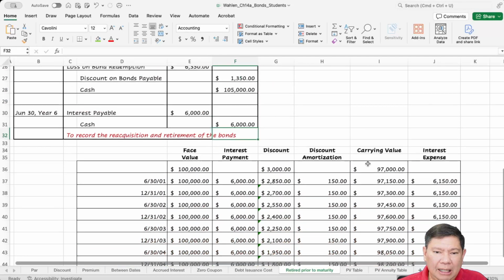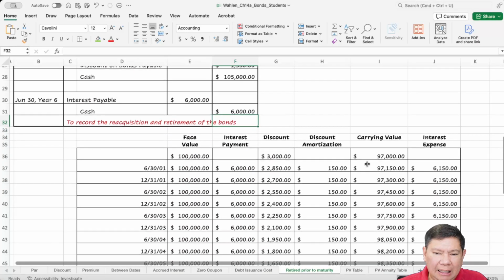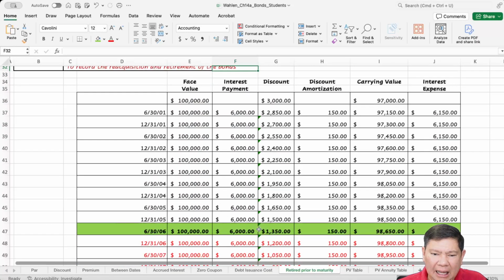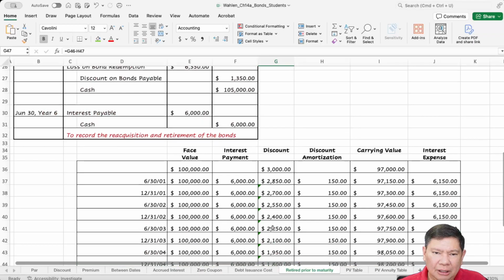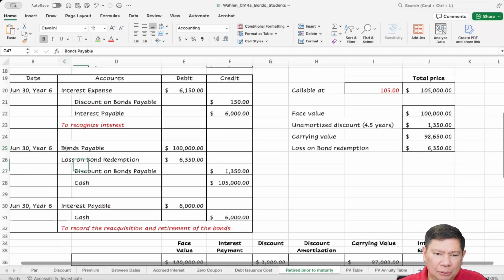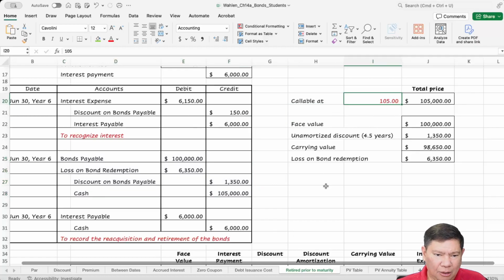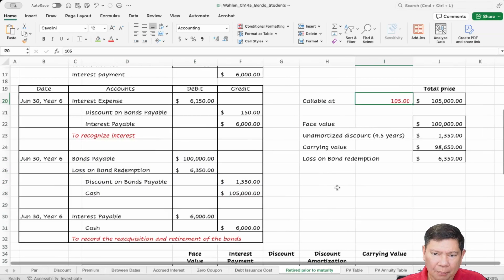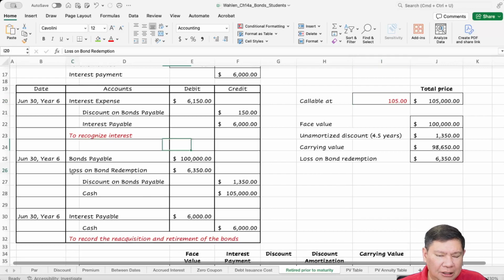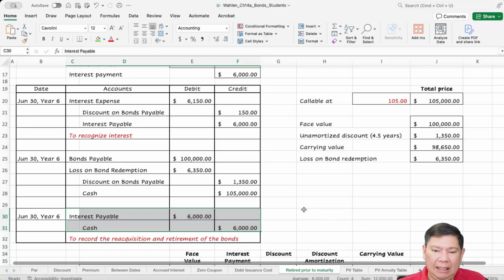So that's how we prepare this amortization table to know the final carrying value, the final balance of the discount, in order to call it at a certain price here, the callable price, and recognize a loss for this transaction, and we pay our last interest payment.